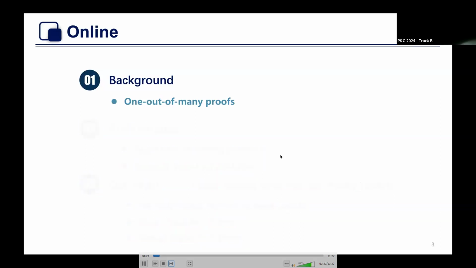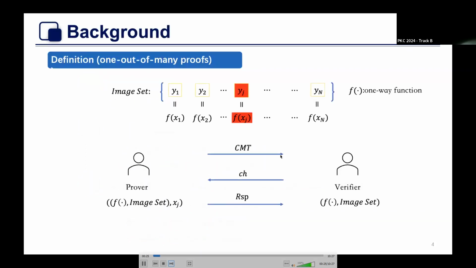I will first introduce the background. One-out-of-many proofs are a type of ZKP protocol in which, given a one-way function and a set containing n images, the prover proves that it has the pre-image of an image in the set.